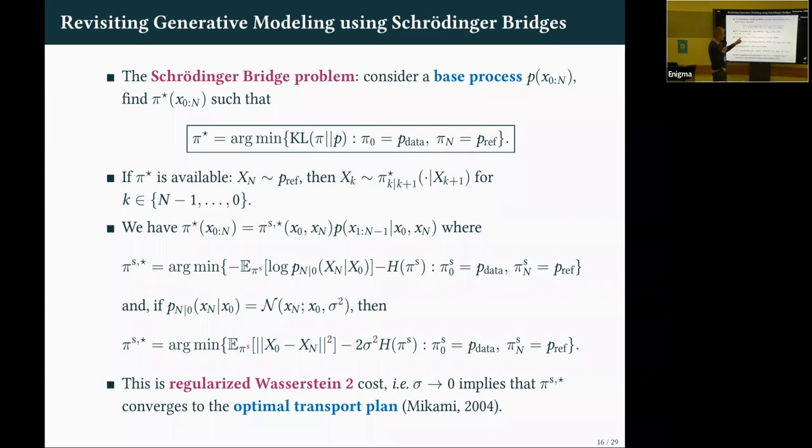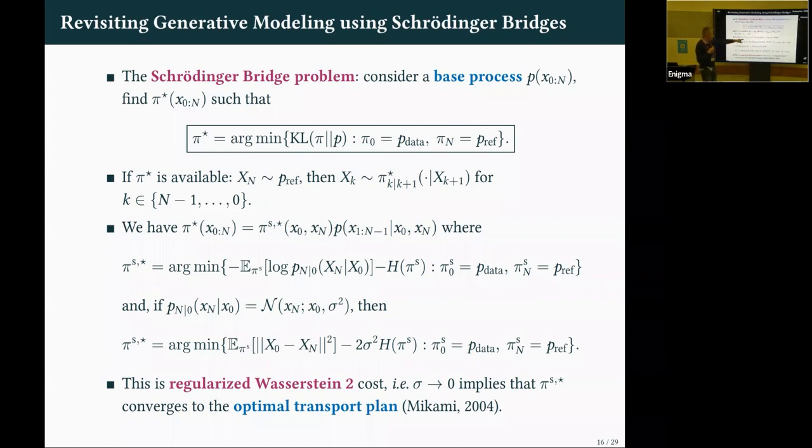First, it's easy to see that the solution of this dynamic Schrodinger Bridges problem, dynamic in the sense that I'm not looking at a static transport with just x0 and x1, but over the whole path, is basically given by a static problem between just the initial and final time marginals, together with the conditional distribution of the forward reference process. This is obvious: if you do a KL decomposition, it's completely trivial that this is the solution.